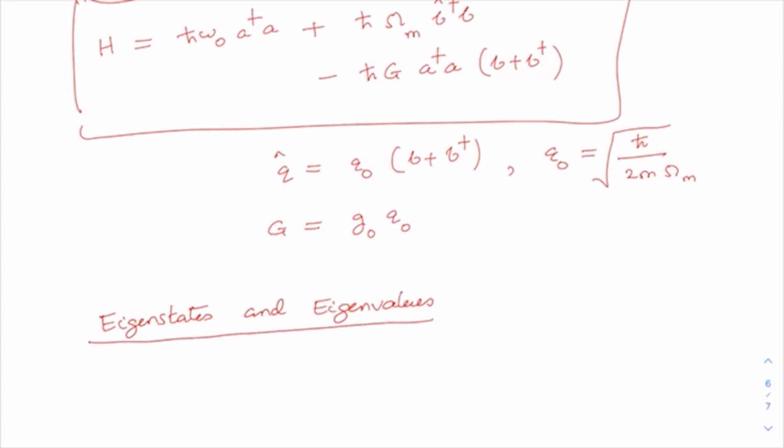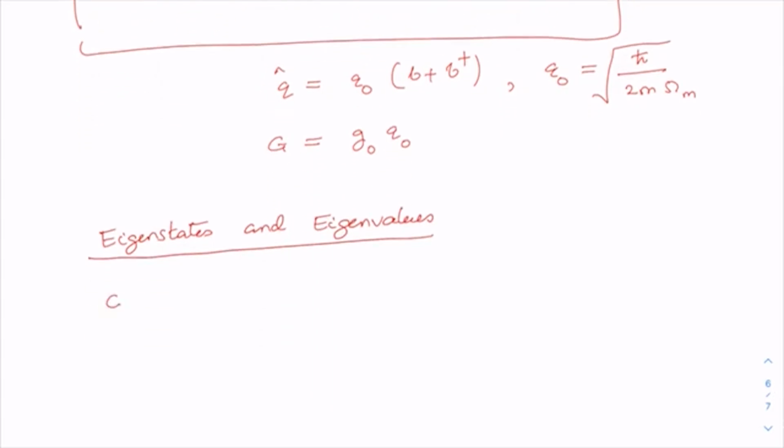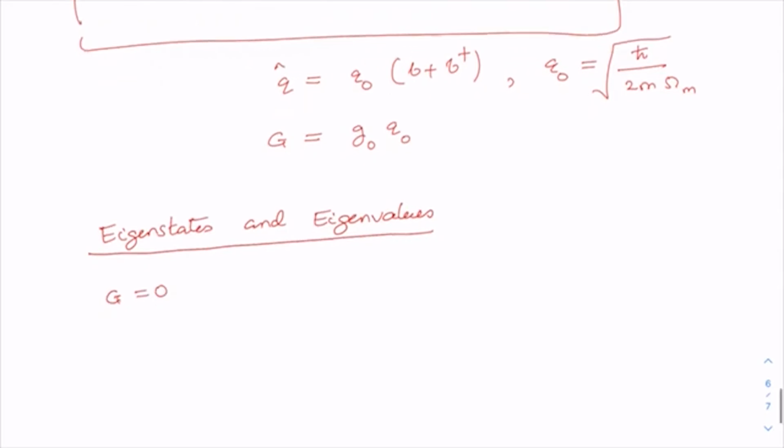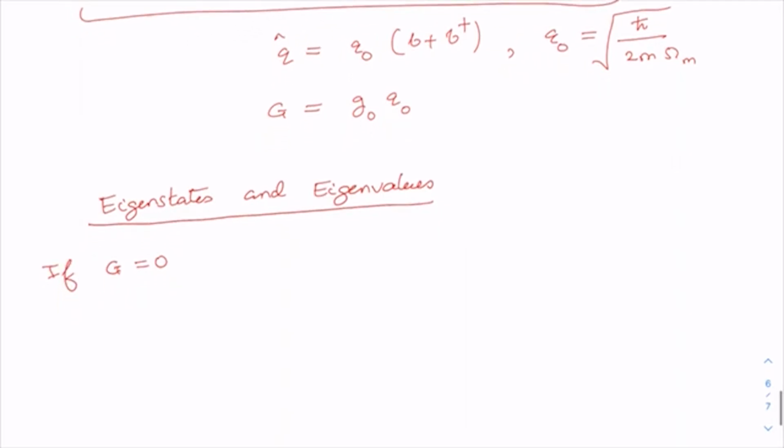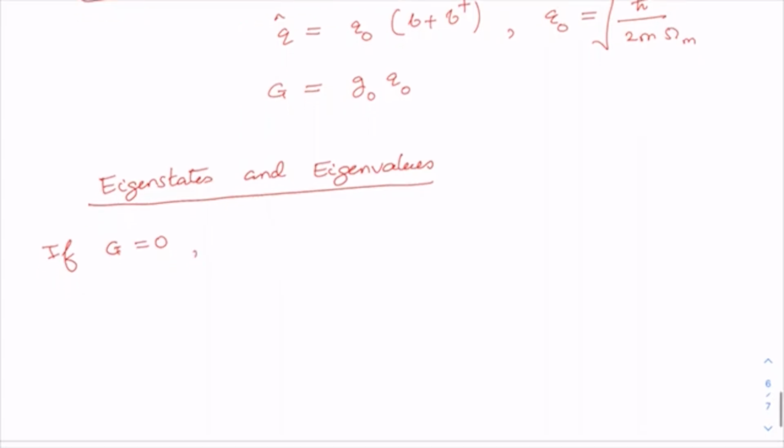Firstly, let me consider the case when there is no coupling between the optics and the mechanics. If Z, the coupling parameter, is 0, then the number of photons as well as the number of phonons is conserved for this Hamiltonian.